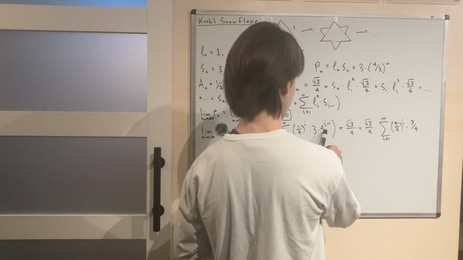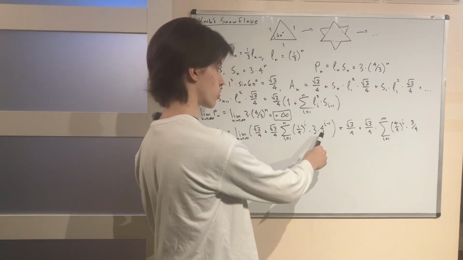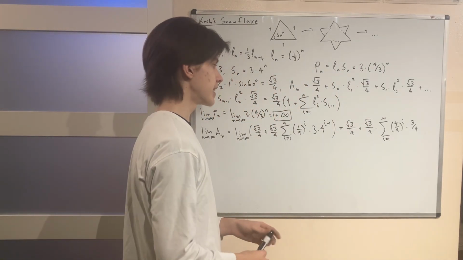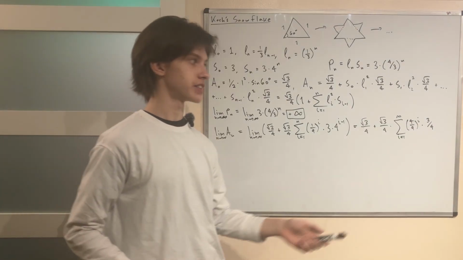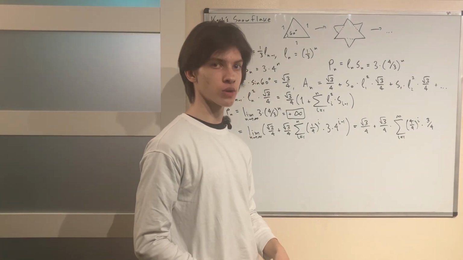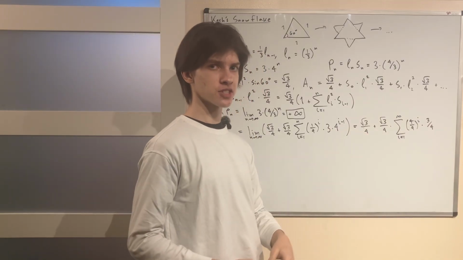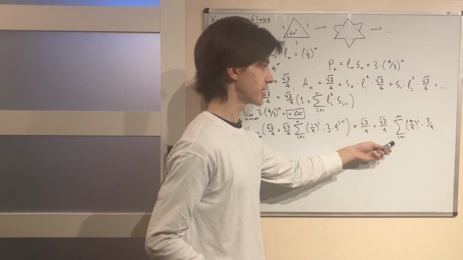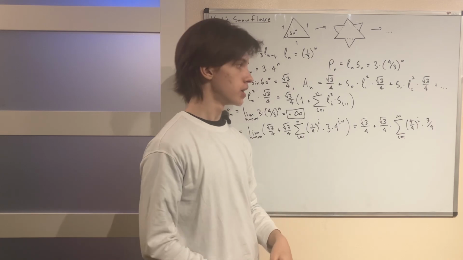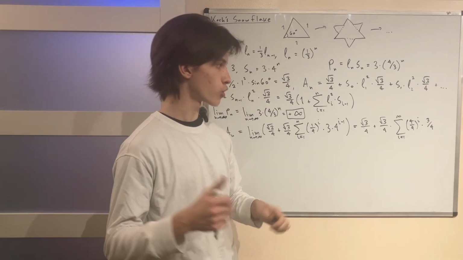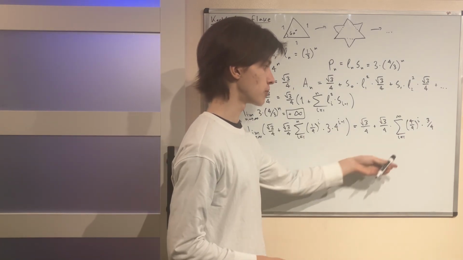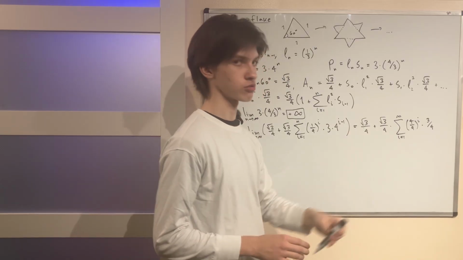Well, this 4 to the I minus 1, I simply wrote it as 4 to the I over 4, divided by 4, I mean. So you should recognize this series as a geometric one with a starting term 3/4 and a common ratio 4/9. Except it's not really geometric because here our starting index is 1 when it should be 0. But we can still evaluate it using the formula. We just have to subtract the term when I equals 0. So here it will be 3/4.